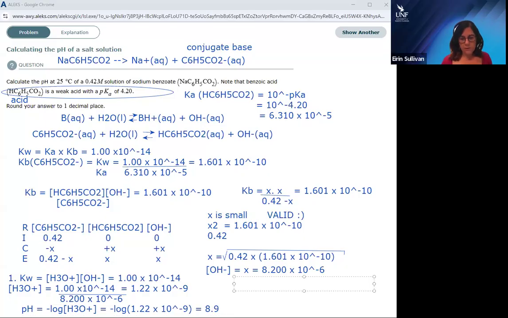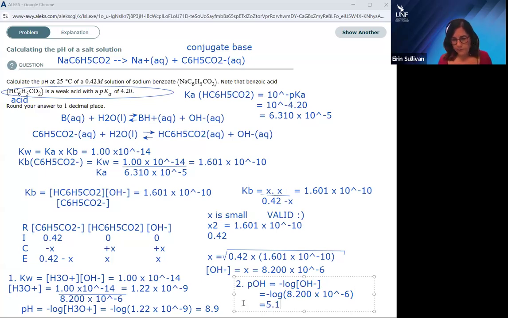If you prefer, you can use the POH method 2, but you just got to be careful, because the first thing you're going to do is calculate the POH, which is minus log of the concentration of hydroxide you just calculated. So that shakes out to be 5.1, right? Minus log of the 8.2. So this is very deceptive because it looks like a pH, but it ain't. Okay, that comes out to be 5.1.